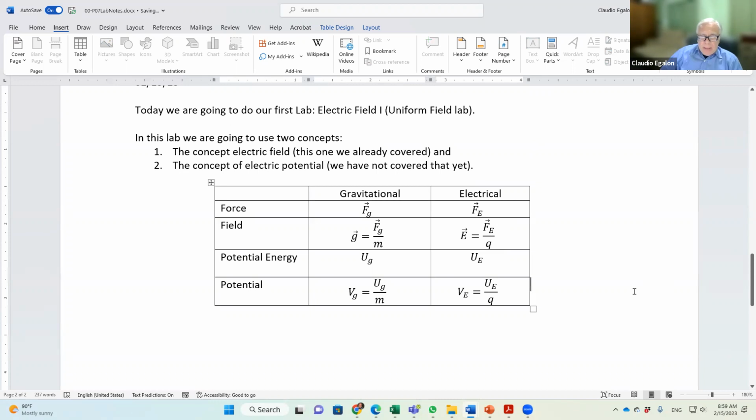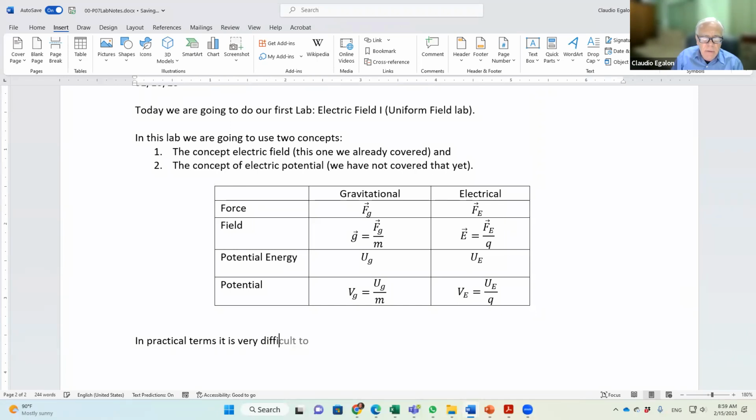There is one important thing about electrical quantities. In practical terms, it is very difficult to measure an electric field. There are instruments that do that, but they are very expensive. However, when it comes to the electric potential, we have something completely different.